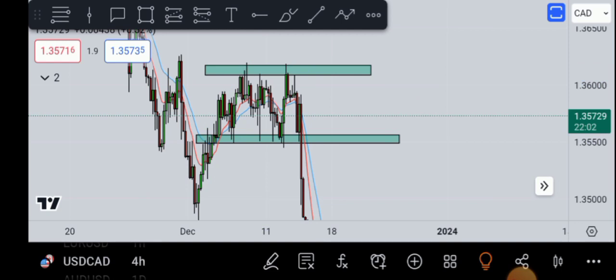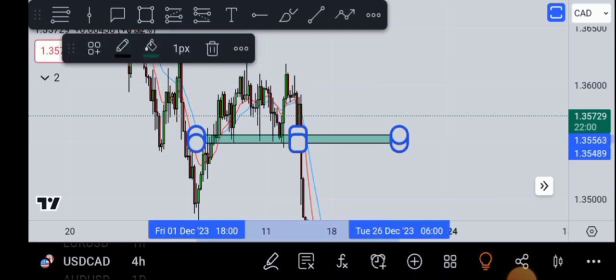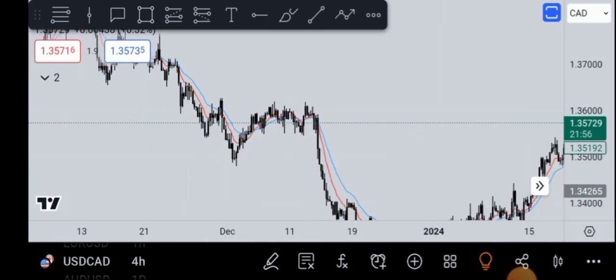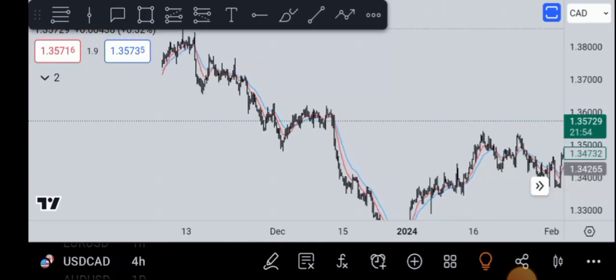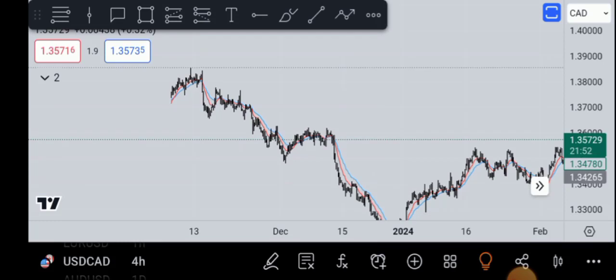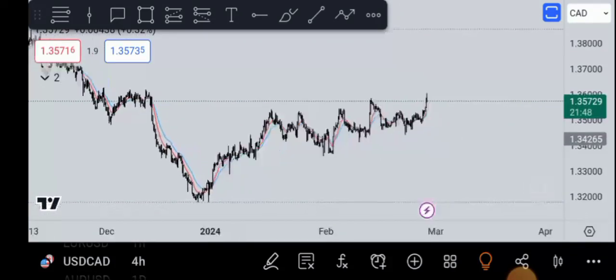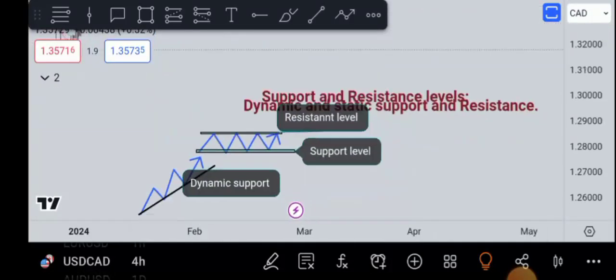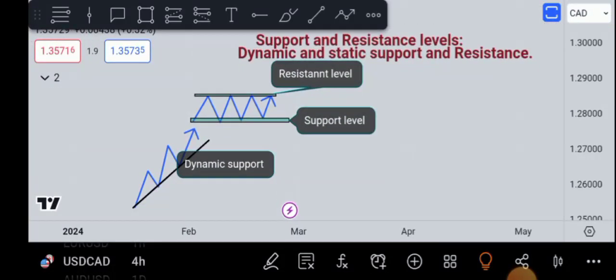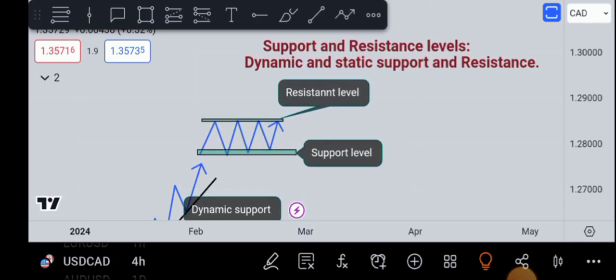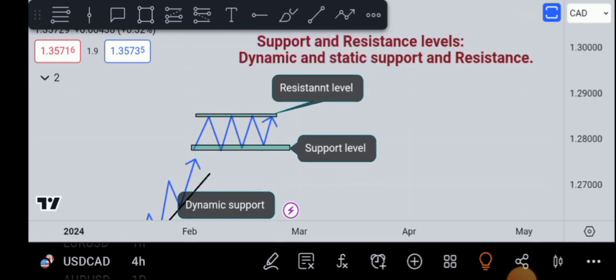So when next you see how price behaves, you should be able to talk about whether price is currently trending on a static scale or a dynamic scale. This is a good explanation of the concept of support and resistance level.